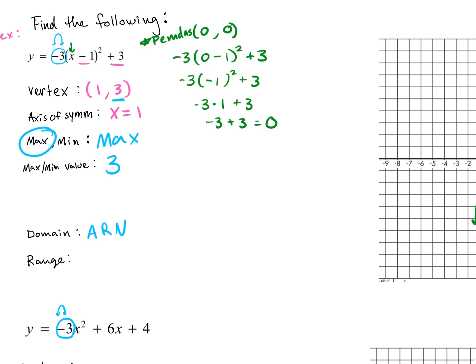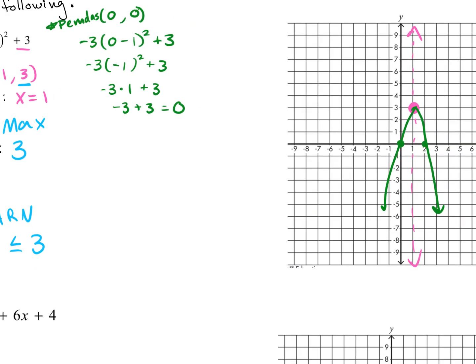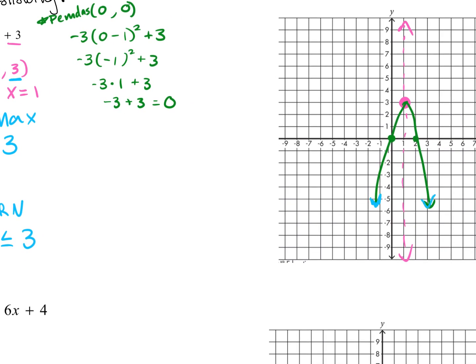And then what's our range? y is less than or equal to 3. Why is it less than or equal to? Because our graph is pointing down. We're talking about y values that are less than 3, because our graph is going down. It starts at 3 and it's going down.